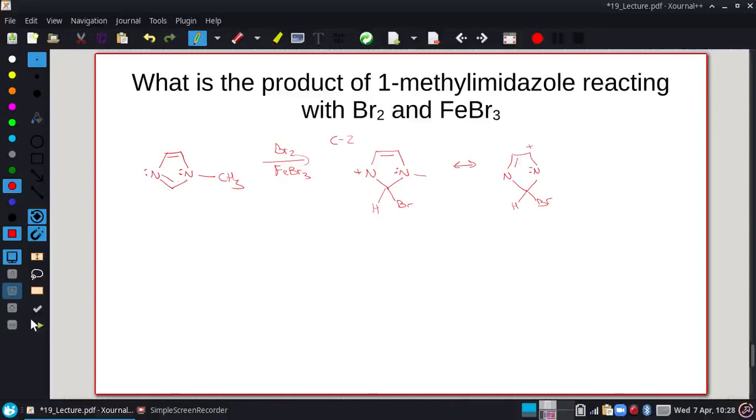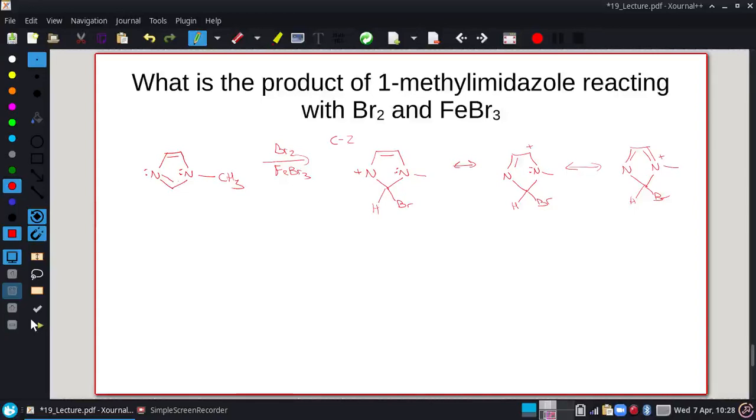And I can do that one more time. That methyl's still there, and the positive is now here. And that's it. So I've got 3 ways I can do that.